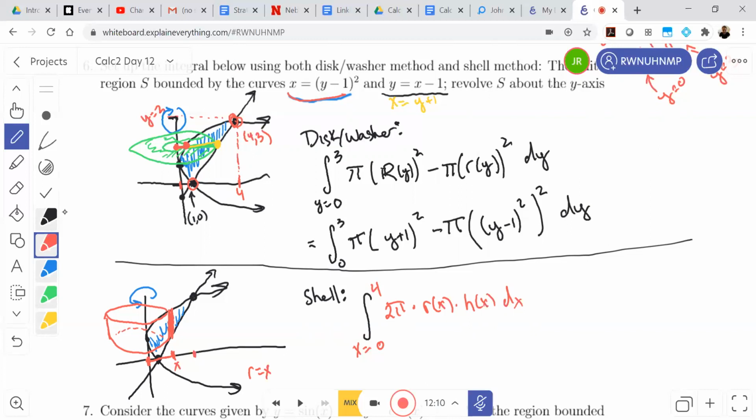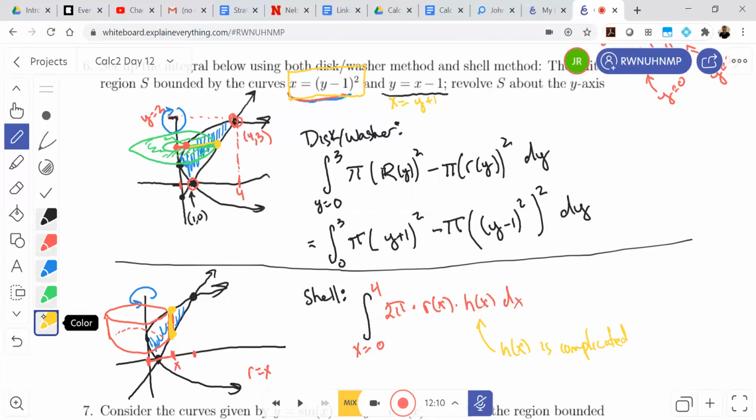But the h of x is going to be where we run into trouble, right? What is the height of this cylinder? Well, as drawn, the height of the cylinder is going from this parabola down to this straight line. And in order to figure out the equation of the parabola, we would have to go back up here and solve for y. So h of x is complicated, but it gets even worse. Why does it get worse?